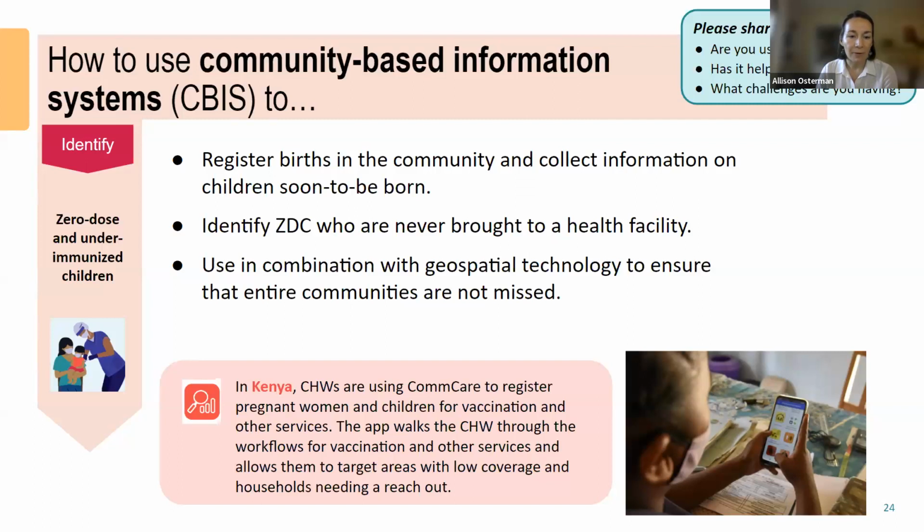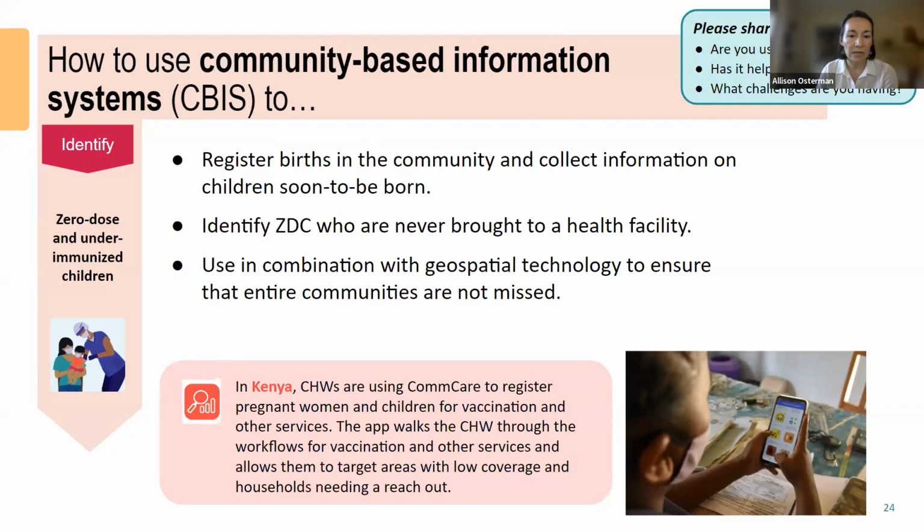Those are all platforms that host community-based information systems. These systems have many functionalities, but in the slide, I'm specifically highlighting some of the ways that they can be used to identify zero-dose and under-immunized children.